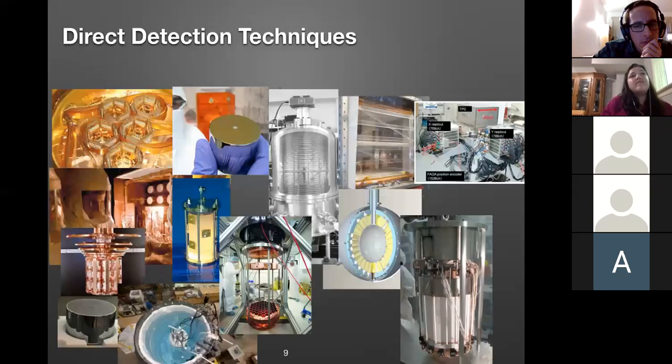So one of the things that all of our different technologies have in common is that we make very photogenic experiments. And so this is just a smattering of options in the past of different detectors to look for dark matter. There are detectors that use semiconductors and solid crystals. There are detectors that use bubble chambers.